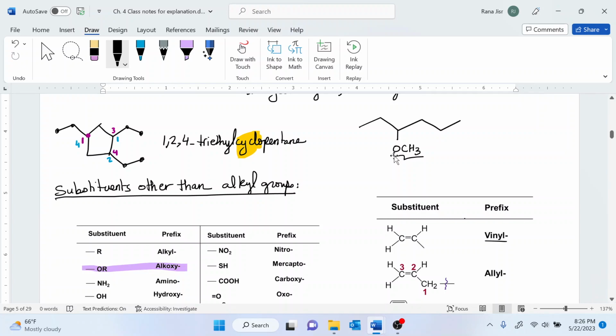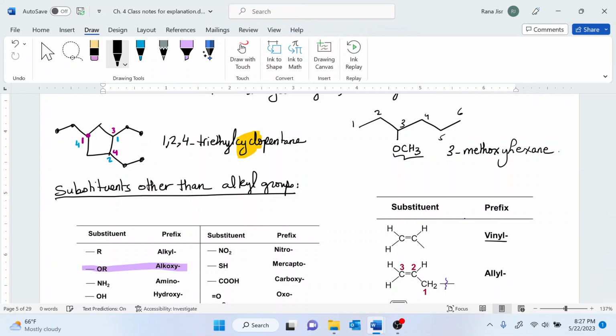So you're going to name it as a methoxy, and you're going to give it the lowest number. So that is going to be 3-methoxy, and your parent chain in this case, this is 4, this is 5, and this is 6. So it's going to be a hexane.